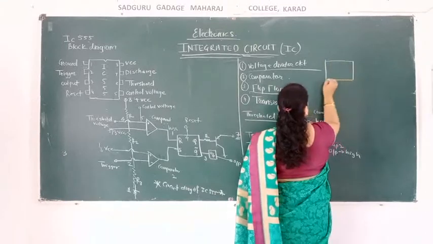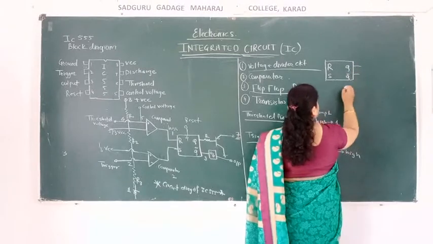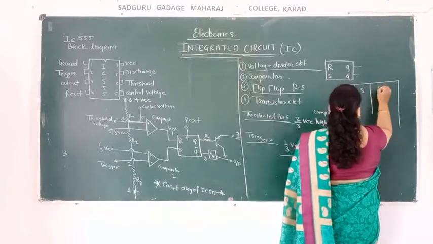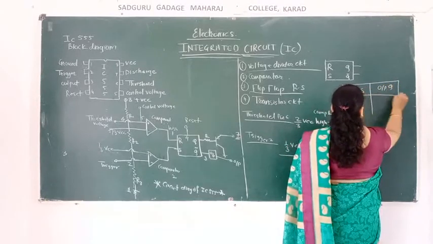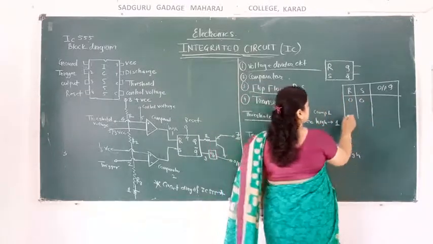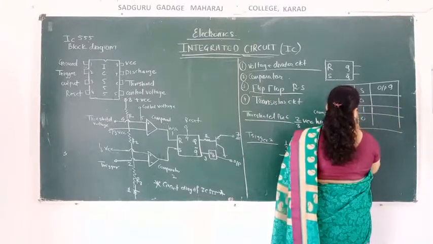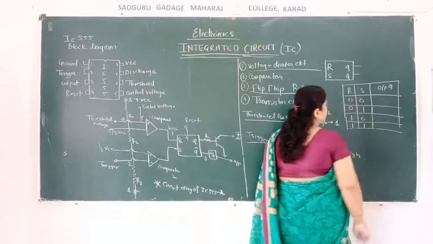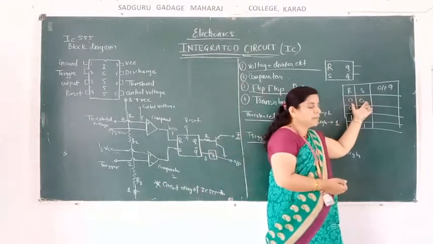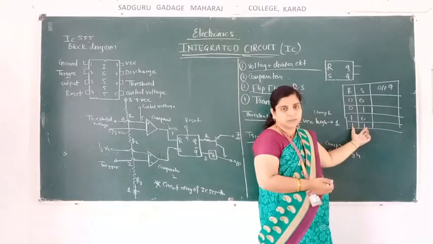We know the RS flip-flop. What is the truth table for RS flip-flop? That we know, with outputs Q. There are 4 possible conditions: 0 0, 0 1, 1 0, and 1 1. When both R and S are at low condition, 0 0 condition, and both at high condition, that is the 1 1 condition.